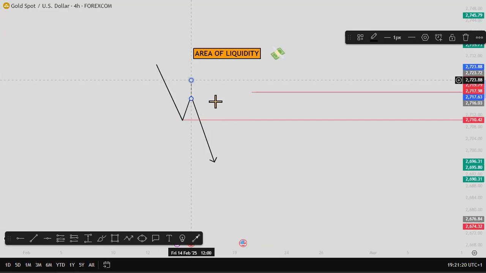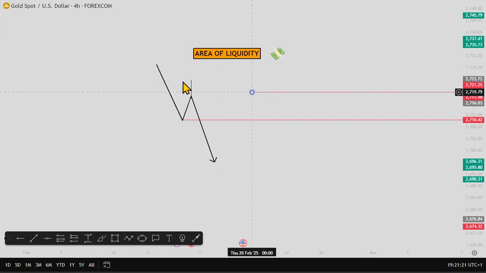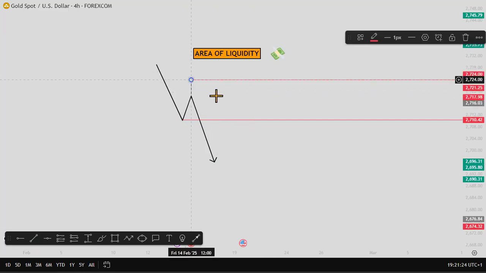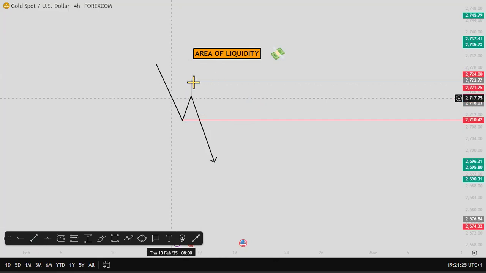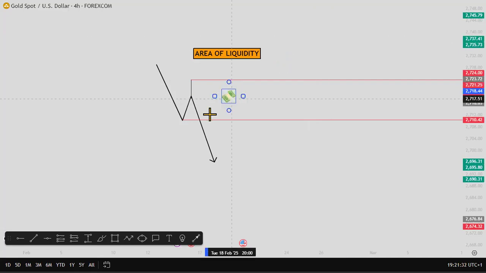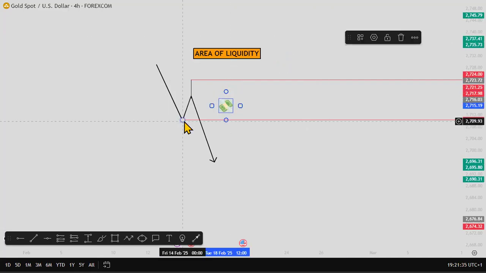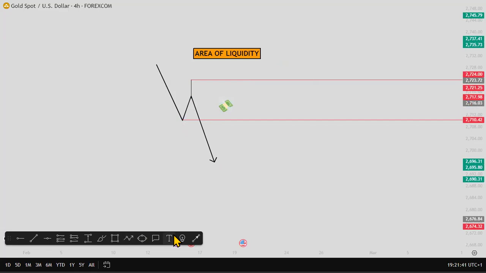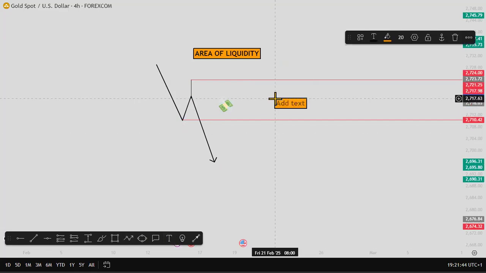Once you have a wick, the high of the wick is where the area of liquidity stops. So this area right here, from the point at which it shifted from the initial direction and continued down, is your area of liquidity. In short terms, we write AOL.